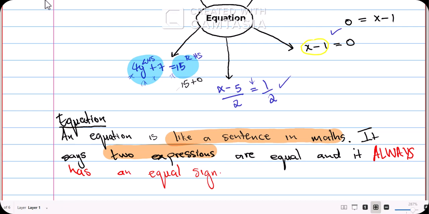So this equal sign is equating these two expressions. The equation always has an equal sign. Here we have this equal sign, also this one, and this one. So the equation always has an equal sign.